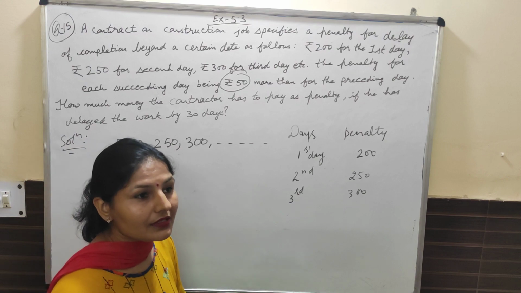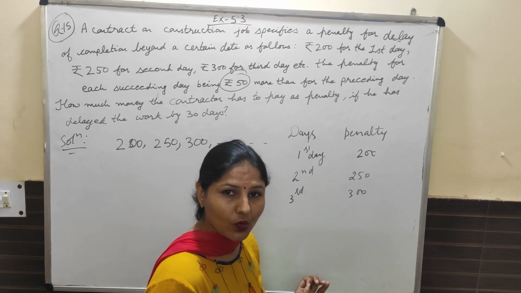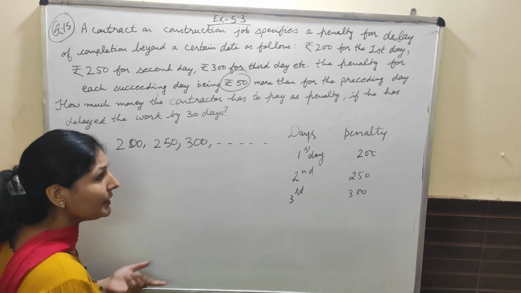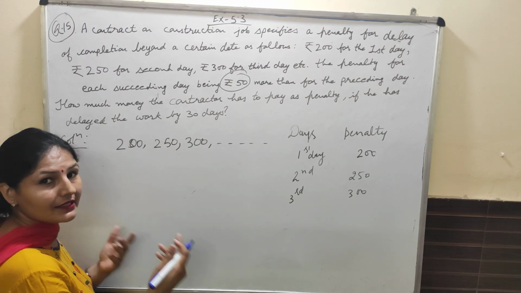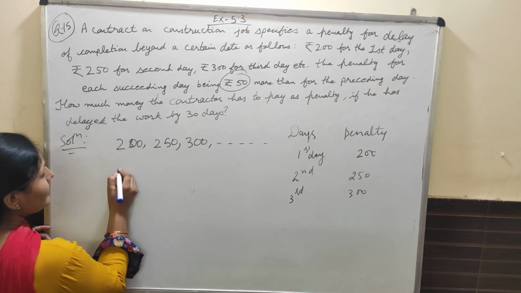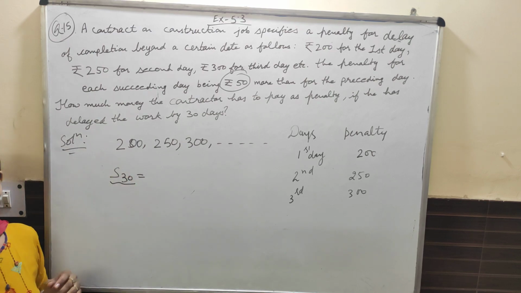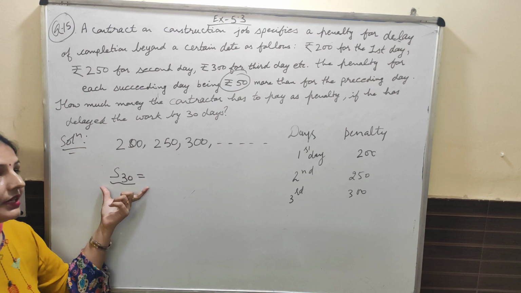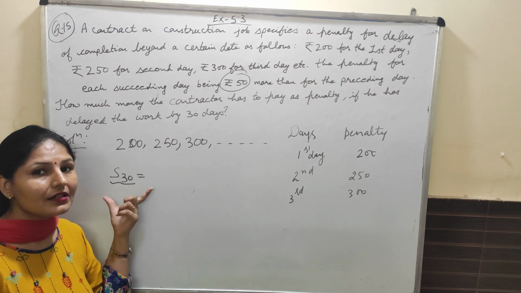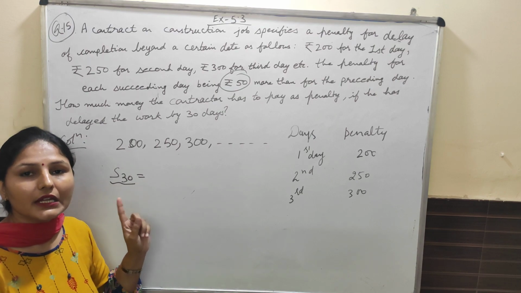And the contractor has delayed his work by 30 days. Means for 30 days he delays his work. It means we have to find the sum of 30 terms. We have to find S30 over here, not A30.